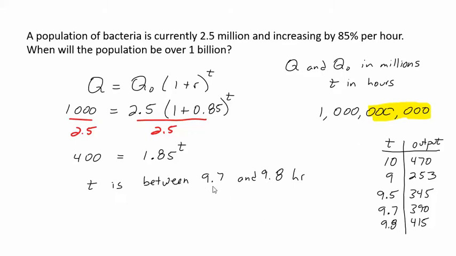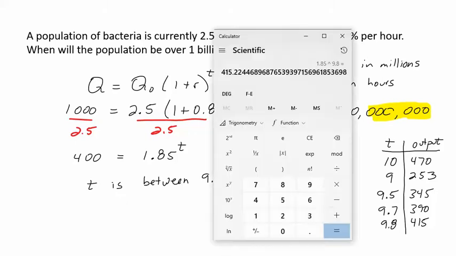Now let's talk about 9.7 hours. All right, let's clear this. So we know 9 hours, and 0.7 hours, if we wanted to get the minutes, we could multiply that by 60. So 0.7 of an hour is 42 minutes, and 0.8 of an hour is 48 minutes.